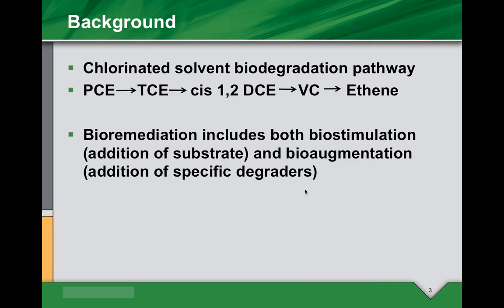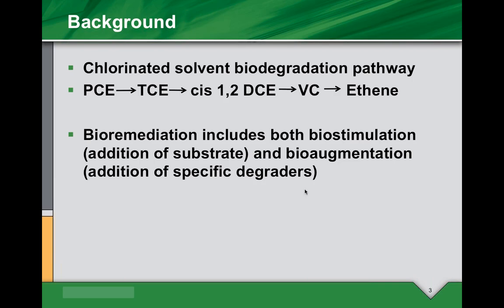In general, one would be starting with the most chlorinated product, PCE or perchloroethene, which has 4 chlorines. And then there's a sequential removal of chlorines. The next product, which happens to be the constituent of concern at our 2 sites, is TCE or trichloroethene. I've then depicted the most common isomer of dichloroethene, cis-1,2-dichloroethene.